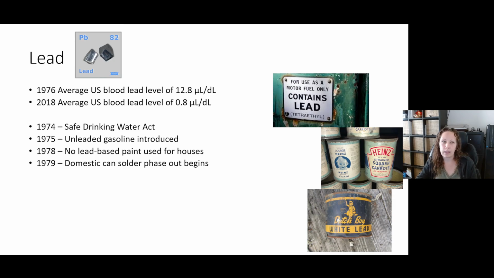But the biggest thing that really probably affected this drop in lead levels was this here.